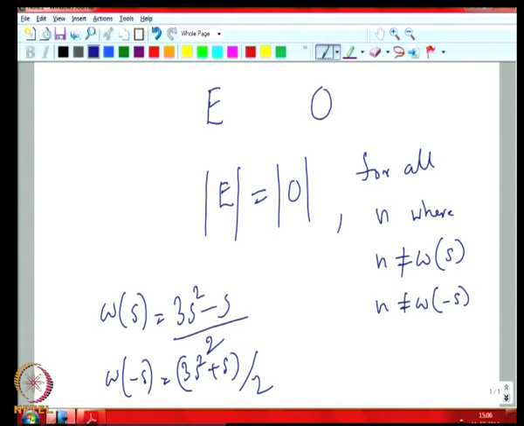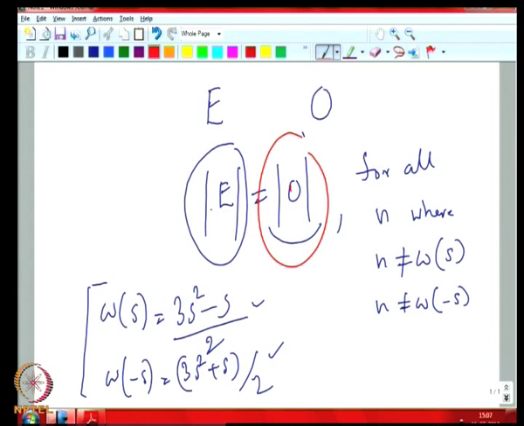Then we showed that if n happens to be of this form or this form for some s, then either this cardinality may be one more than this cardinality, or this cardinality may be one more than this cardinality, and which is bigger is decided by the parity of s. If s is odd, then this cardinality will be bigger, and if s is an even number, this cardinality will be bigger.